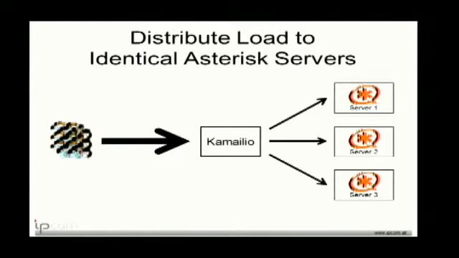Second example is, of course, that you want to distribute the load to identical Asterisk servers. There are lots of different algorithms for how you can share the load across several servers. One also interesting feature that I often use is that you can assign certain servers to certain users.